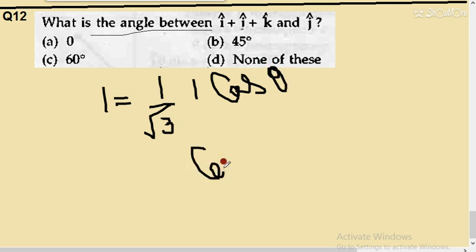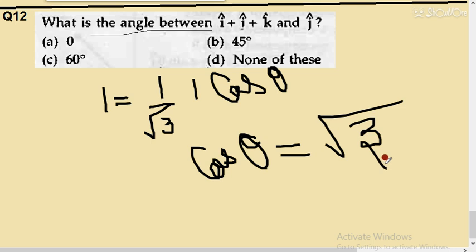So from this you can see cos theta is equal to under root 3.